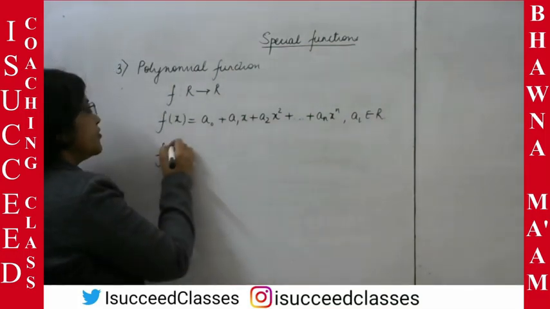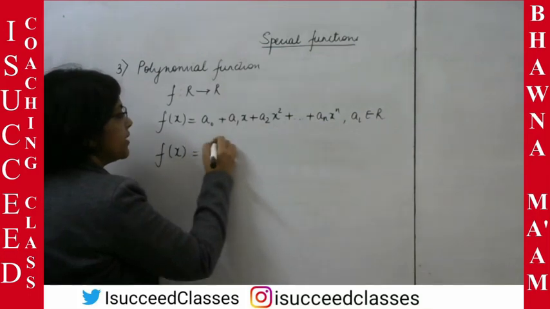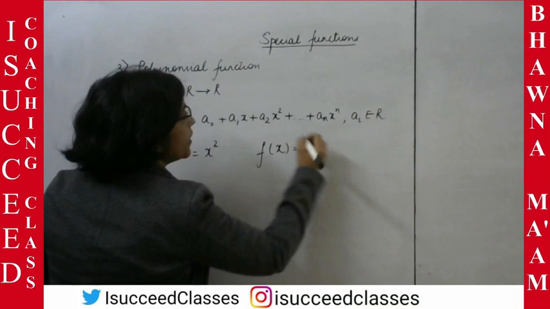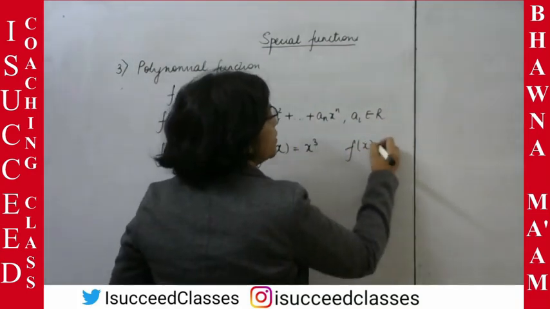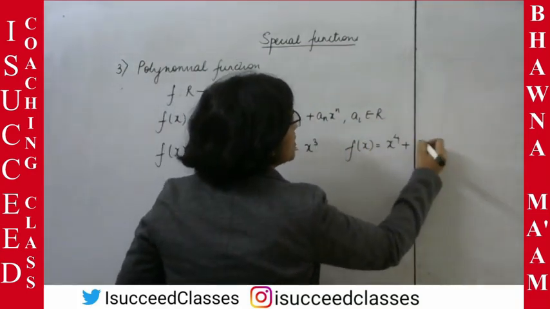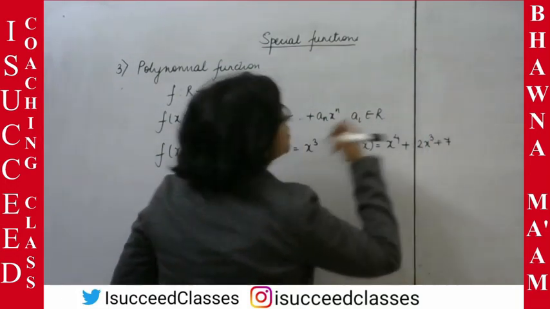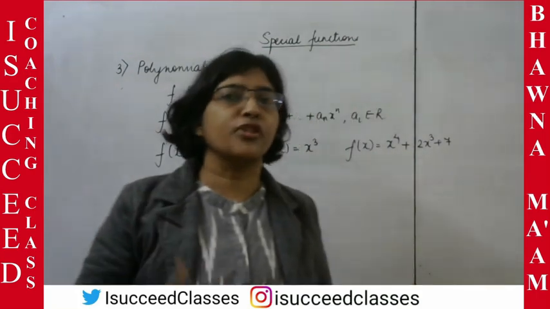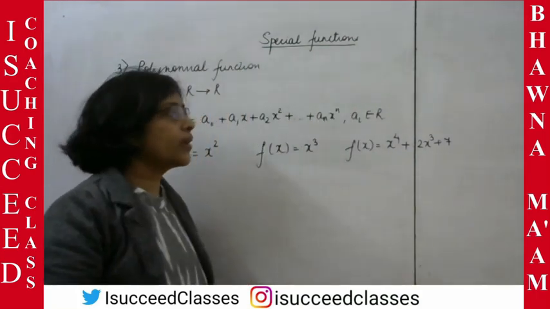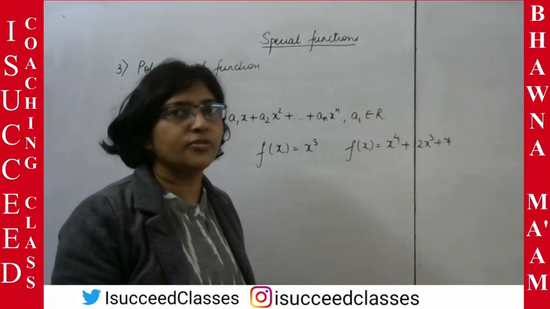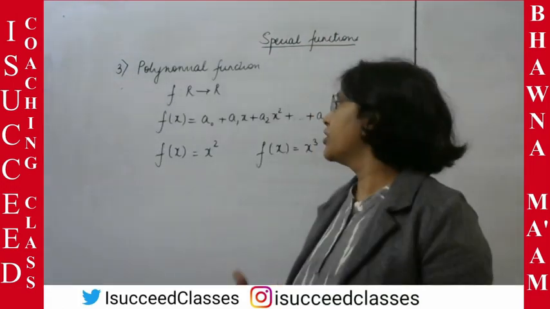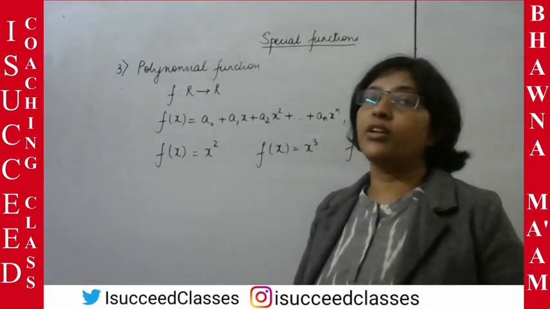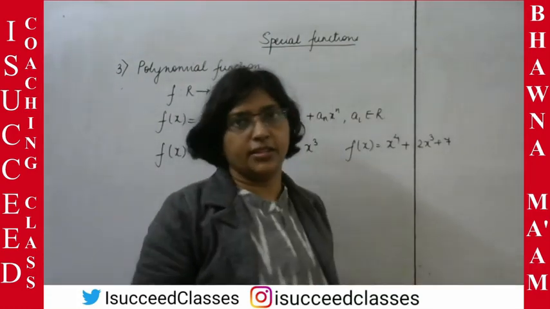If we take a simple one like x squared, it can be x cubed, it can also be x raised to 4 plus 2x cubed plus 7. Any polynomial expression can be written in terms of a function. Every polynomial function will have a different graph. We do not have a general graph like the identity function.